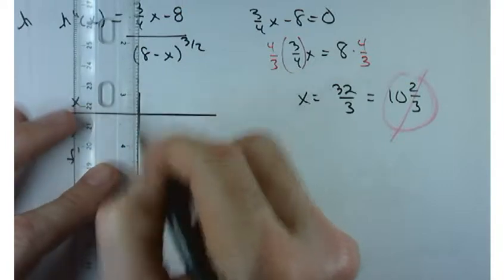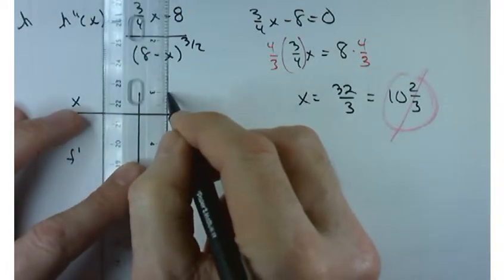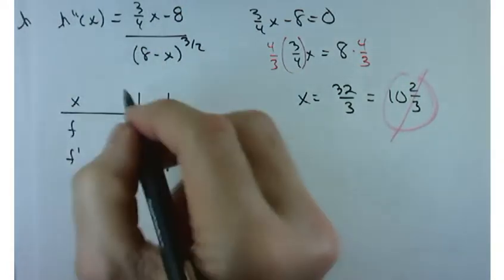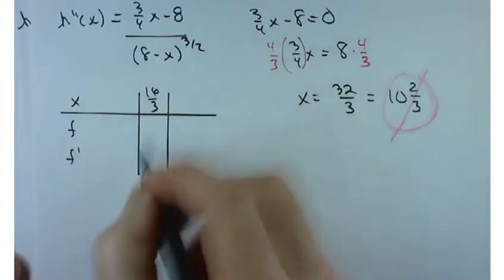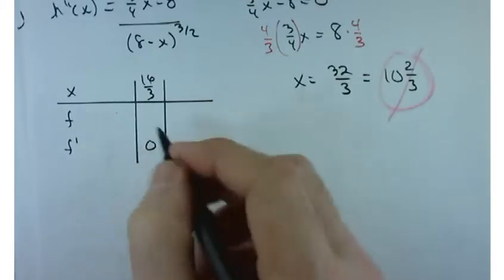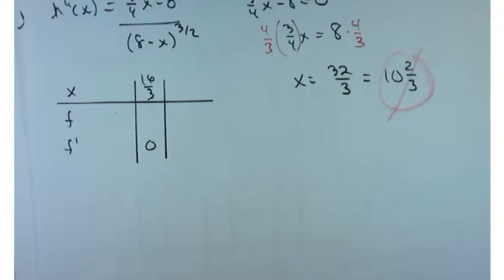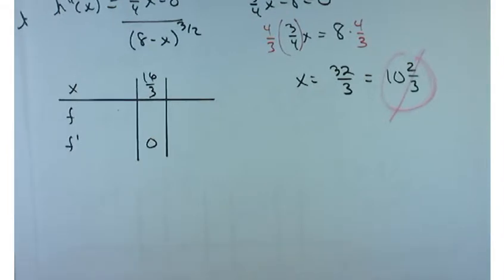It's 5 1/3. So 16/3, and at 16/3, the function was 0. I'm not going to worry about the point at 8 because 8 is right at the end of our function. So, I mean, there is some interesting stuff happening there, but we'll figure it out here.